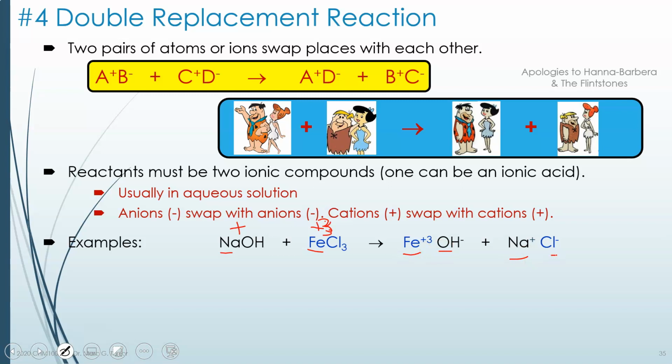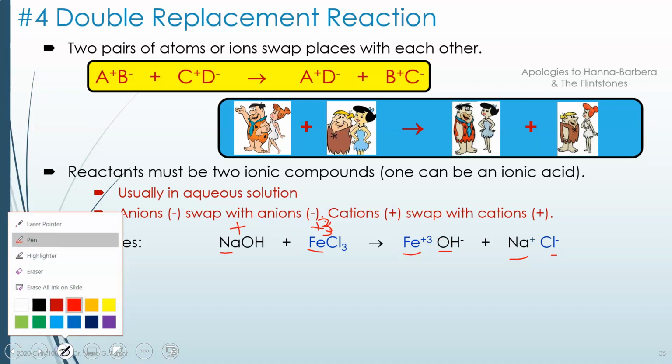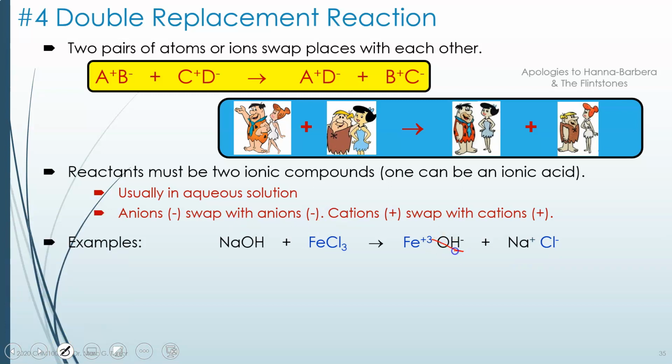But now, to know what the actual products are, it is very important that you do the crisscross simplify to figure out your final formulas. So this tells you, remember, put a parentheses around your polyatomic. This tells you that you need one iron, but you need 3 hydroxys, and we don't bother writing the 1, of course.